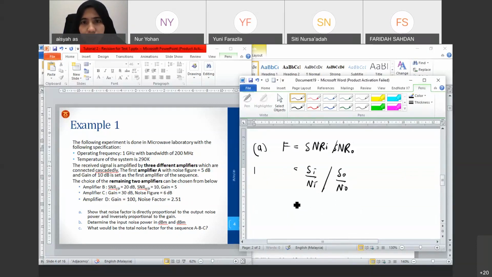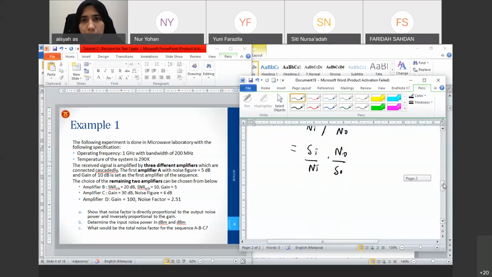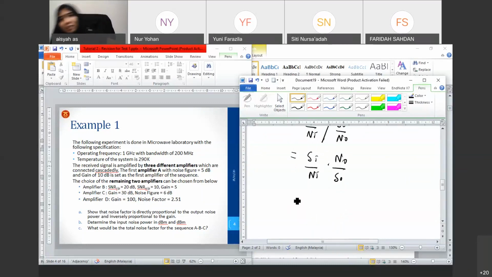From here you can get SI, NI, N naught, S naught. I assume SI equal to S naught? You cannot assume SI over S naught is 1, because S naught is actually G SI. We have gain here.